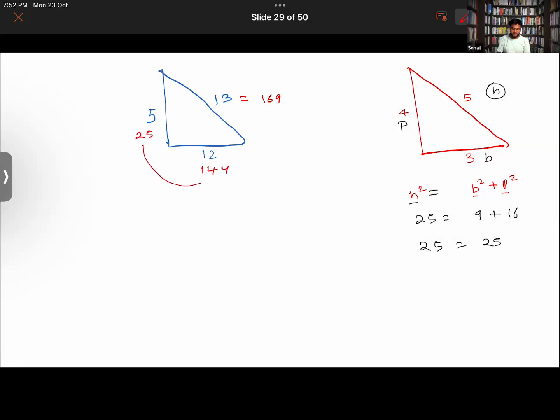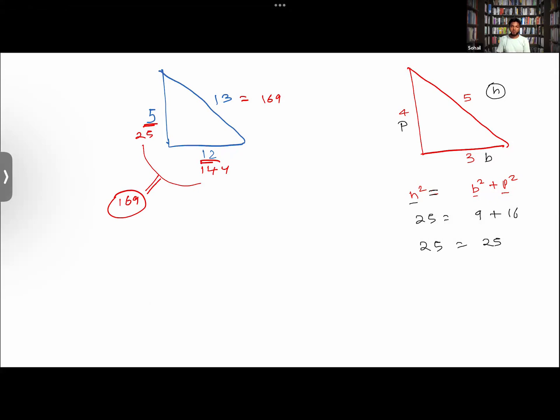So 25 plus 144 कितना होता है ये? 169 actually, right? So yes, the sum of the squares of base and perpendicular is equal to the square of the hypotenuse. So this is basically the Pythagorean triplet.